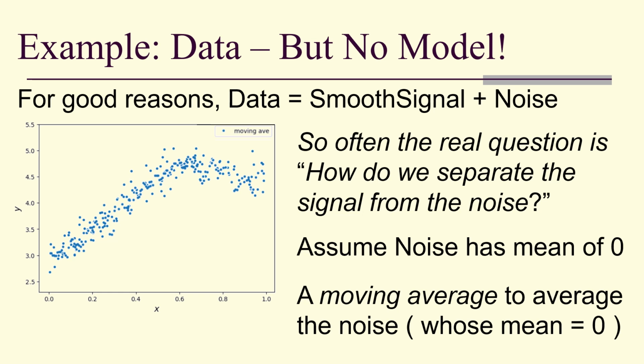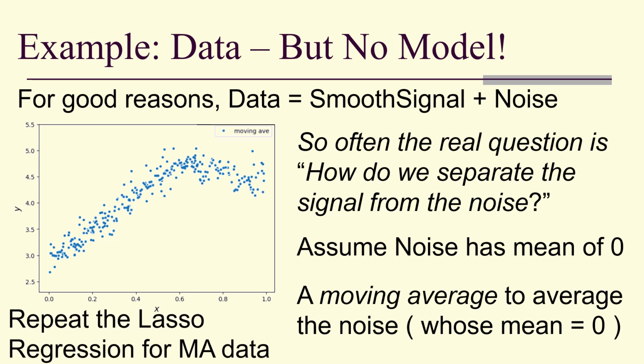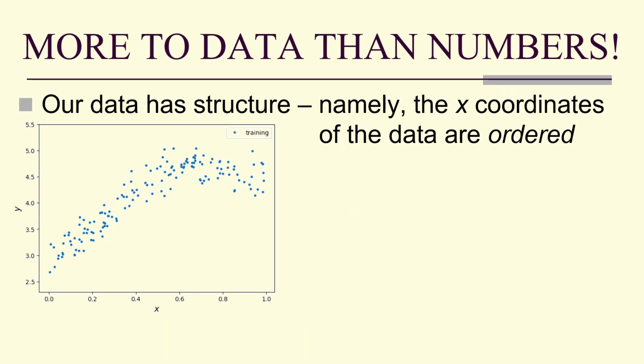Now we repeat the Lasso regression, and here's my fit, and here's my original signal. Notice that by using the fact that this data corresponds to X having an order, because it's the real line, we can do a moving average with respect to that order and get a better model. So our data has structure.